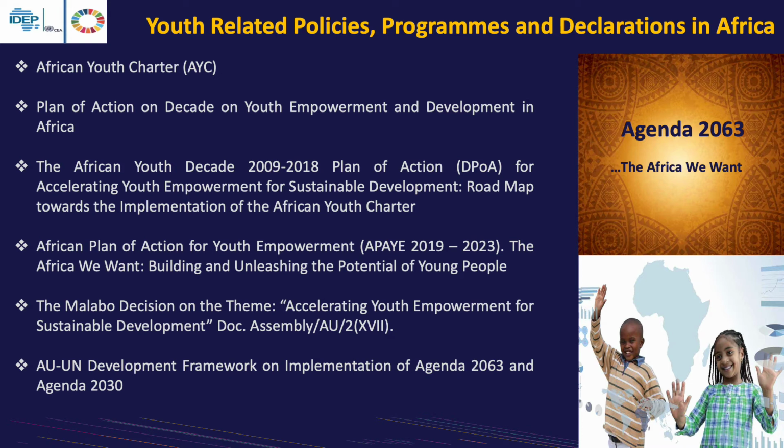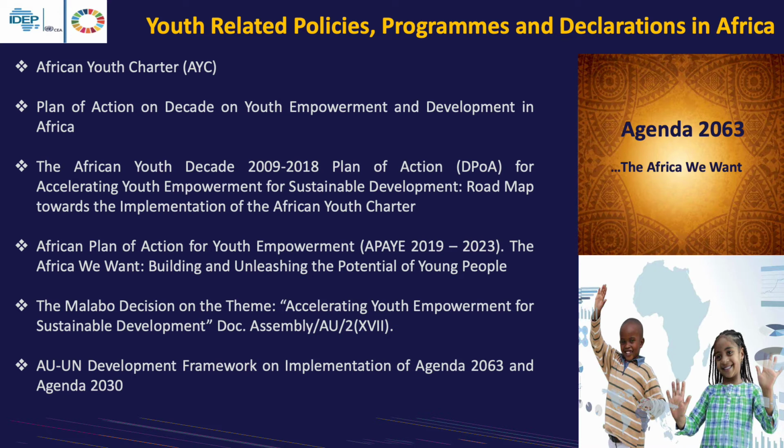So we will also look at the youth-related policies, programs, and declarations across Africa. For instance, we will focus on the African Youth Charter, the key components of the African Youth Charter that are relevant to the course, the Plan of Action on the Decade on Youth Empowerment and Development in Africa, the African Youth Decade 2009 to 2018 Plan of Action, the DPOA, for accelerating youth empowerment for sustainable development, the roadmap towards the implementation of the African Youth Charter.